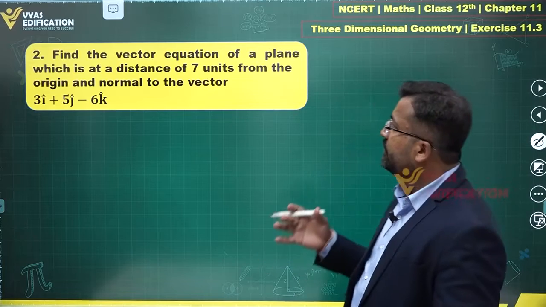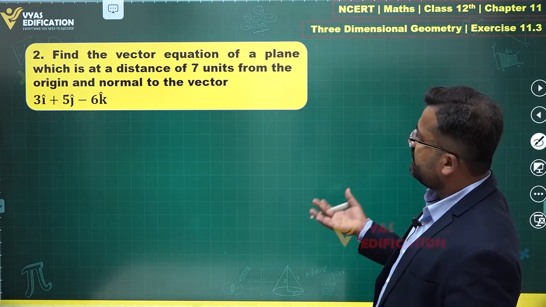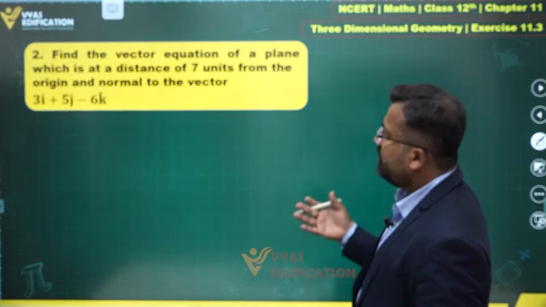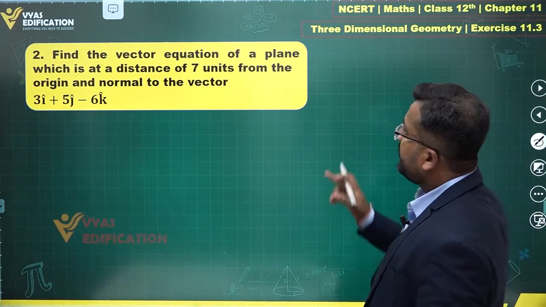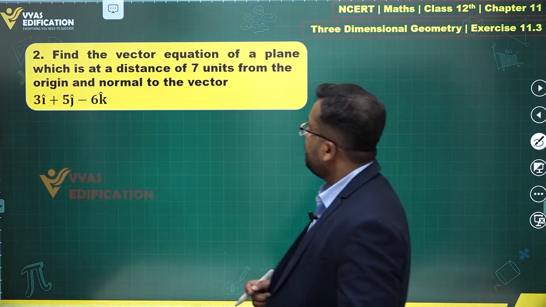Question number 2 says, find the vector equation of a plane which is at a distance of 7 units from the origin and normal to this vector. Okay.